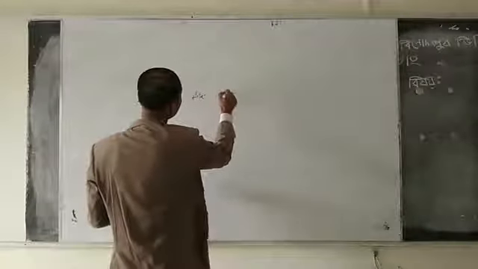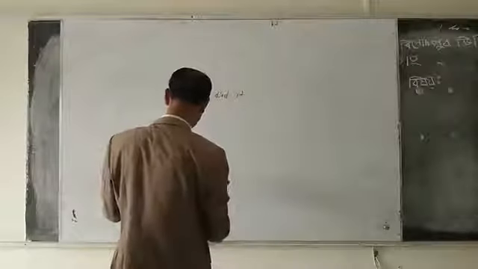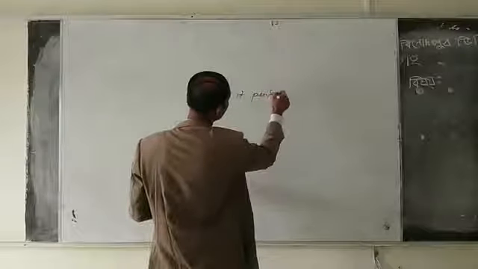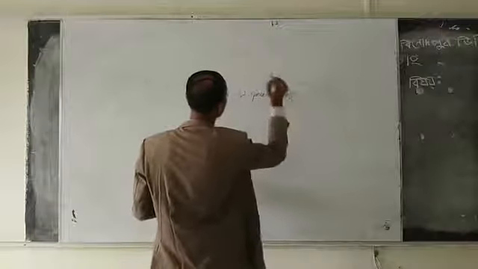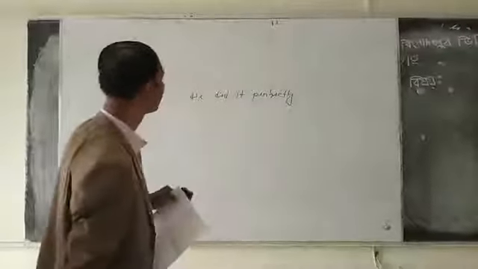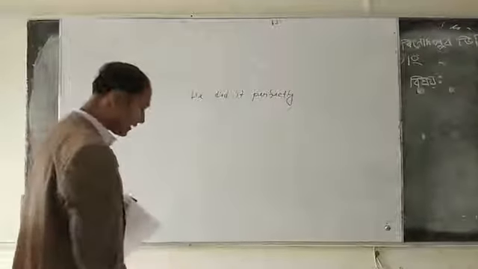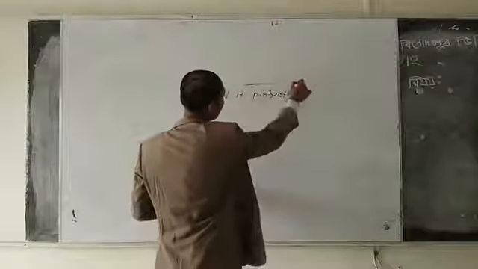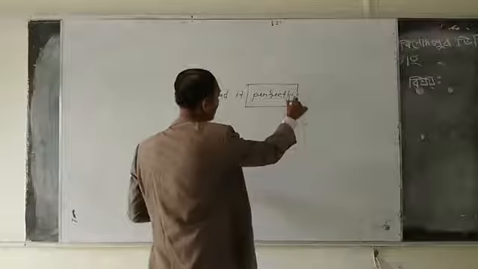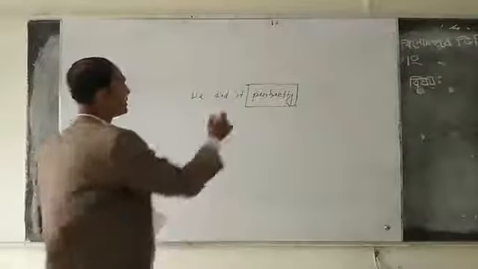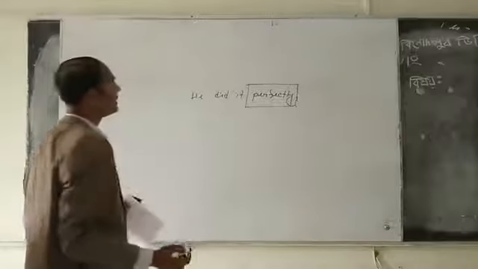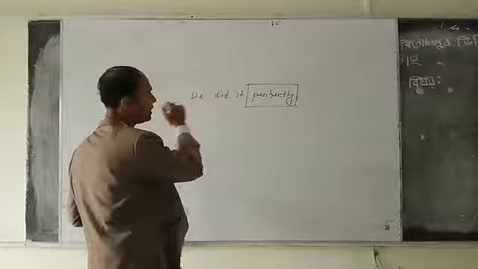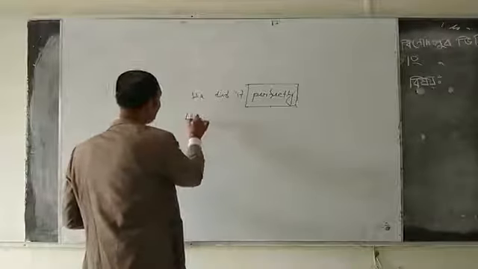He did it perfectly. He did it perfectly. In this sentence, we get information about the way of action, that is about manner. He did it perfectly. Okay? For this information, we will put how.